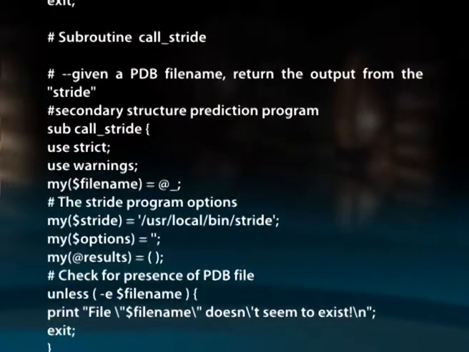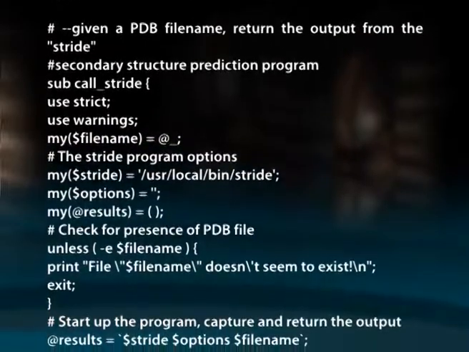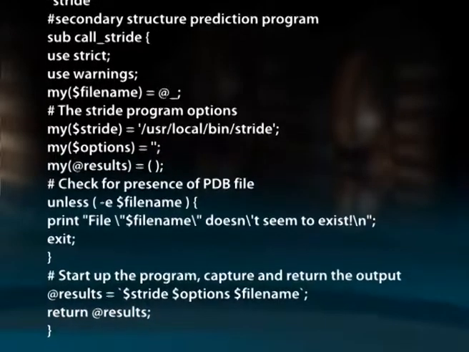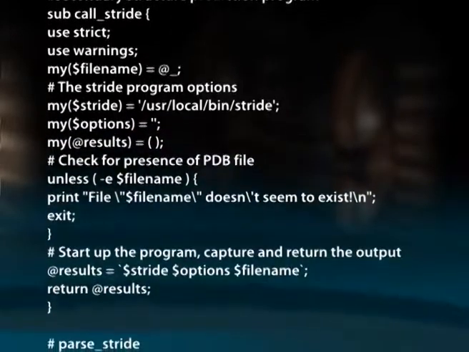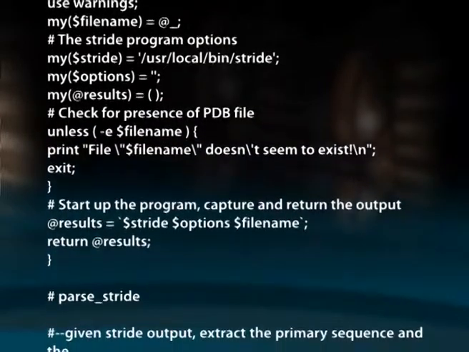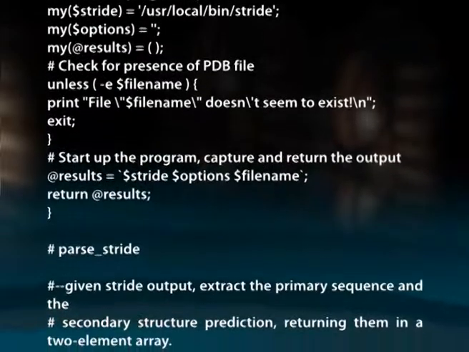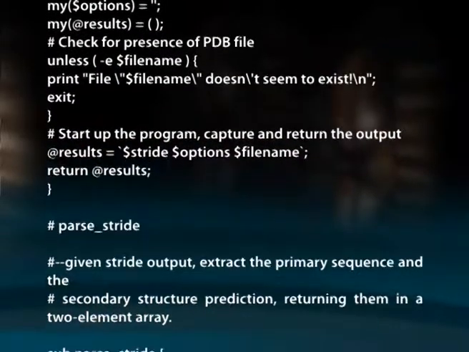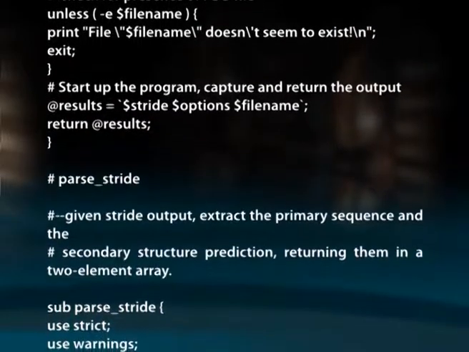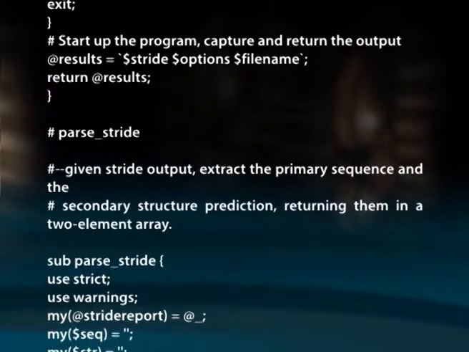Then the stride program options are set: $stride equal to /usr/local/bin/stride, and $options is a variable initialized as empty, and @results is an empty array. Then check for the presence of the PDB file using the unless structure. If the file does not seem to exist, exit the program. Then start up the program, capture and return the output.